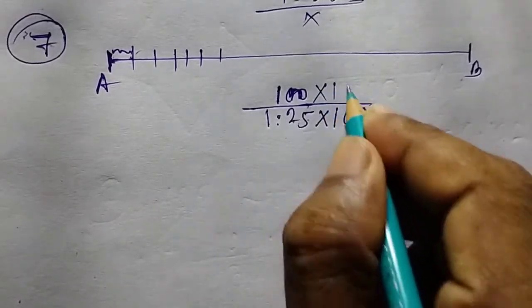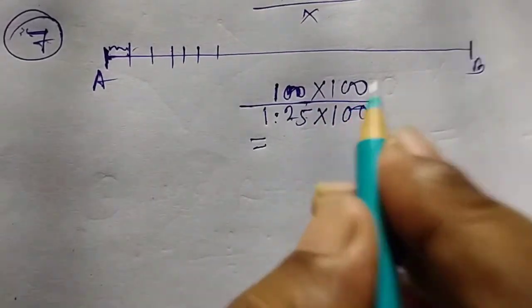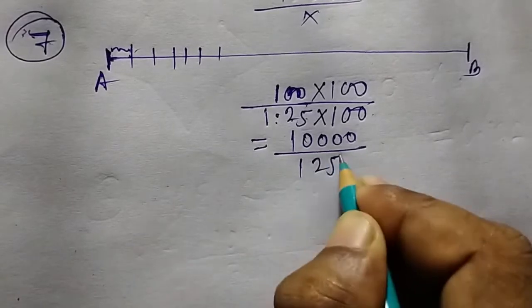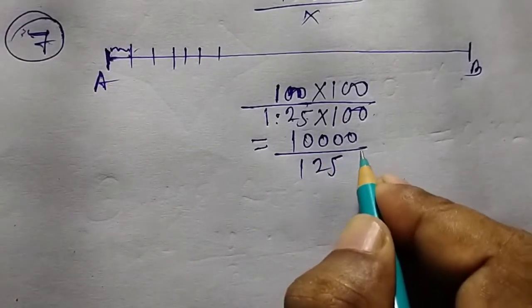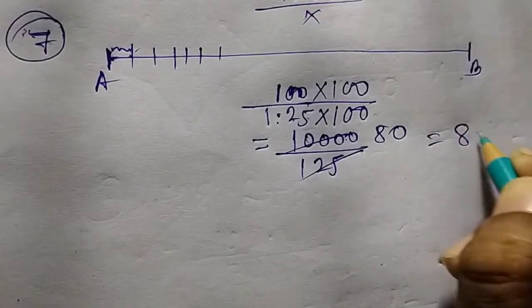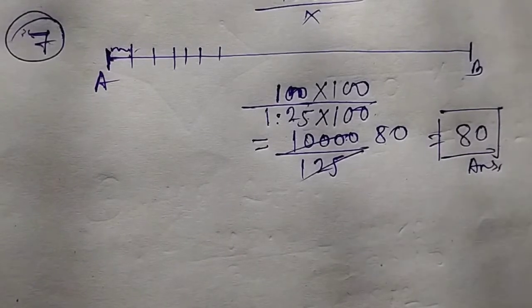Now in a similar way multiply 100 also by 100. Now 100 times 100 means 10,000, but here is 125. Now it's divisible by 8 and here is an extra 0, 80. So how many steps? It's 80 steps. This is our answer. Is it clear?